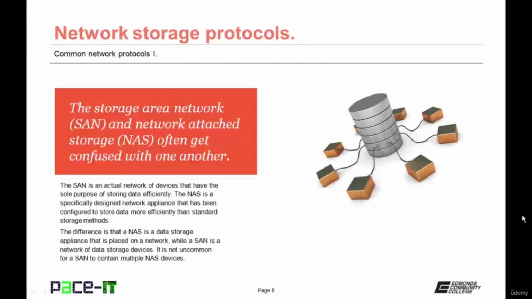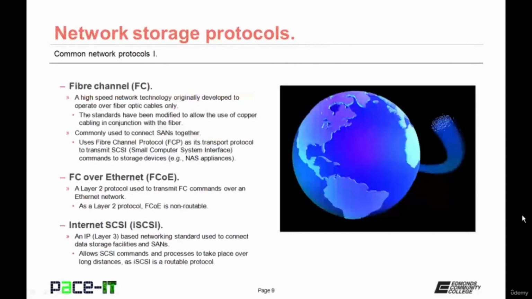Now let's move on to the protocols. We're going to start with Fibre Channel. It's a high-speed network technology that was originally developed to operate over fiber optic cables only. The standards have been modified to allow the use of copper cabling in conjunction with the fiber optic cables. It's commonly used to connect storage area networks together.